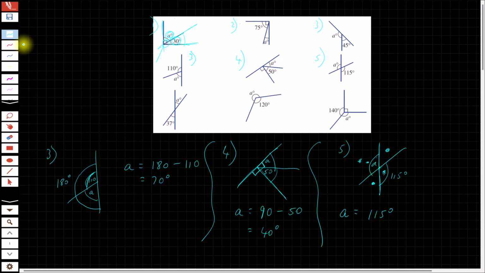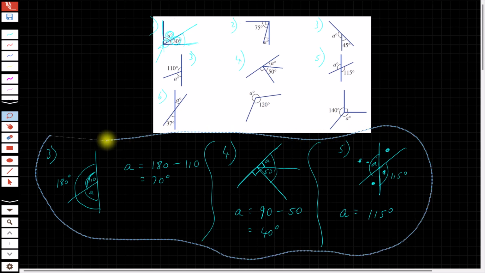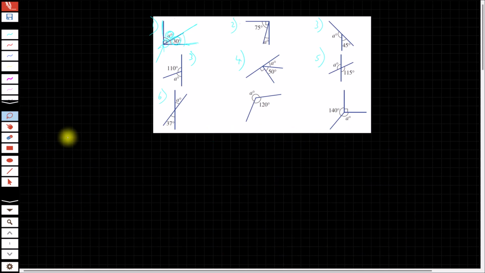Okay, let's do number 6. We have a line here, we have a line here. We know this is 37 degrees, we don't know this angle here.